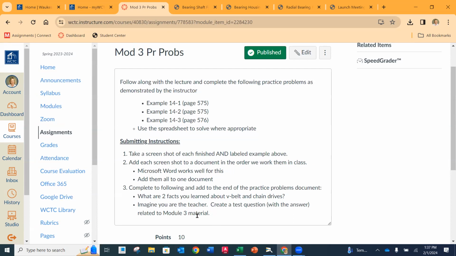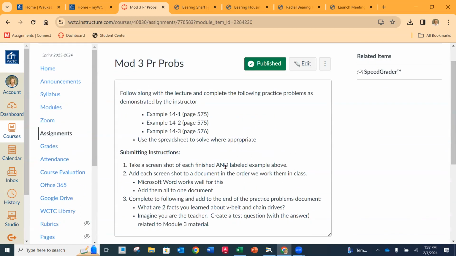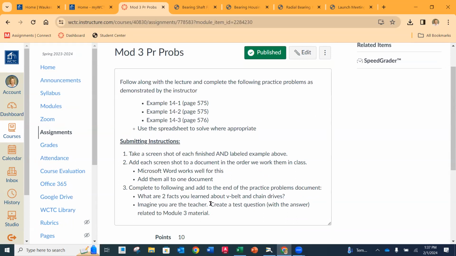Well, let's use our thinking caps. What are 2 facts you learned about bearings today? Thank you, BJ. You caught me copying and pasting. Thank you for pointing that out. I will get that updated. And for module 3, don't forget about those little questions. I really like them. This is new to me.